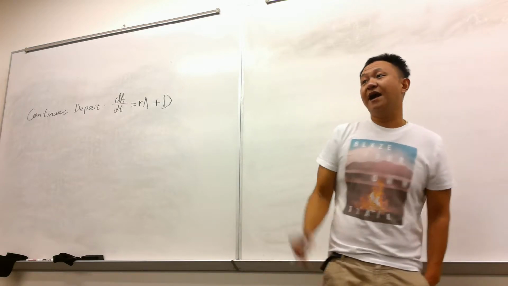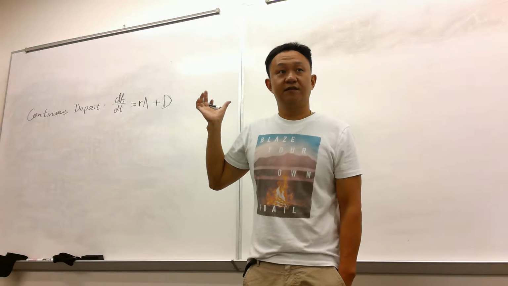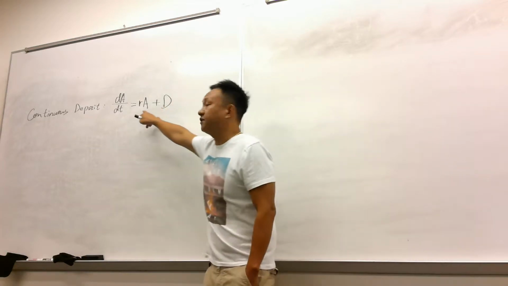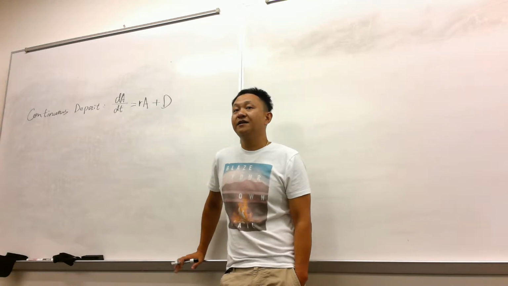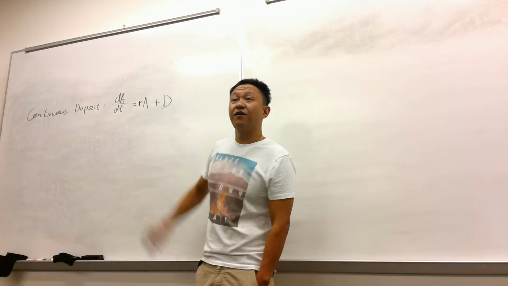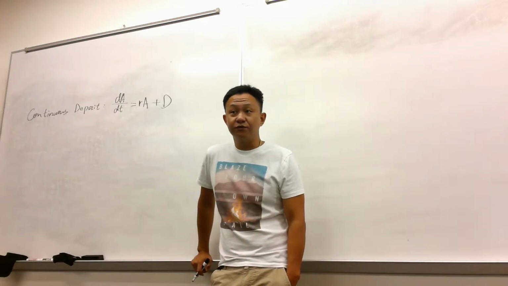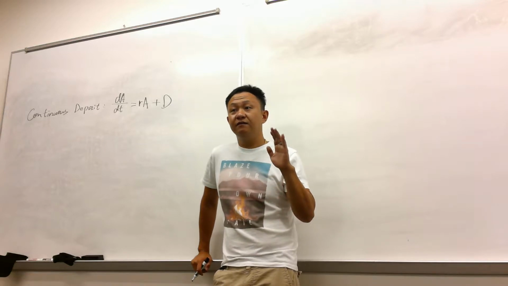Another thing is you don't need to worry too much about the frequency. For example, if the interest rate R is with respect to year, like an IRA, interest rate annually, then this D will also be in years. We are not going to give you trouble on that, the frequency will be the same.